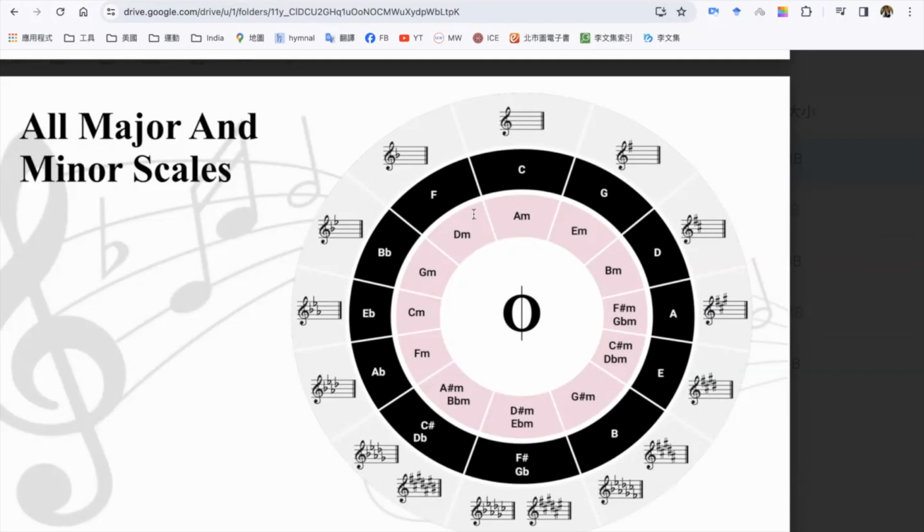Like we mentioned, the D minor scale is the same as the F major scale. They both have only 1 flat in the key signature. Here is another example, G. G major scale has 1 sharp, and the sixth degree is E. So E minor also has only 1 sharp. Yes, that's the figure.